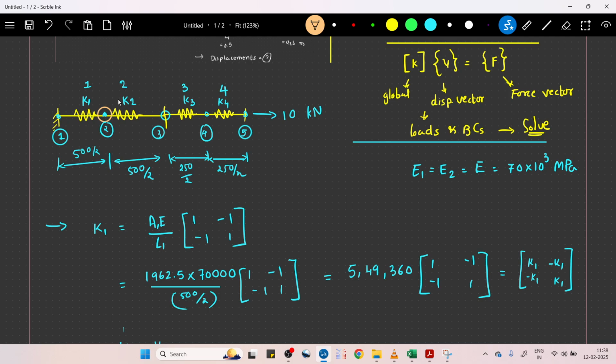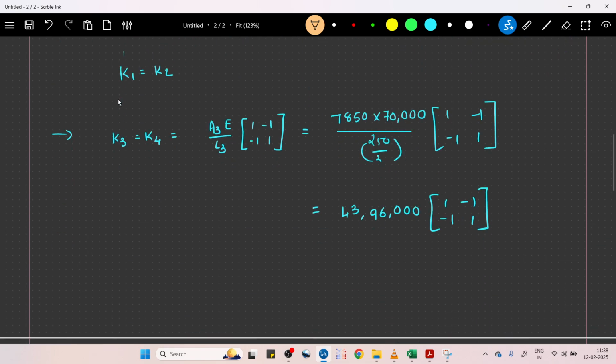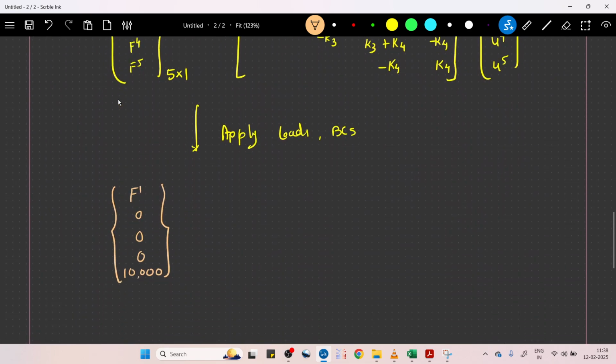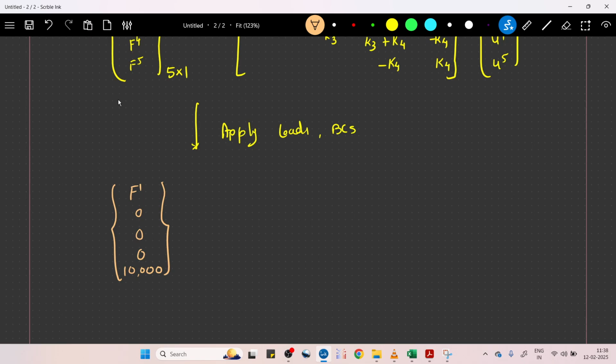But when we combine these two elements k1 and k2, both the forces will cancel each other because they are in opposite directions, so there is no external force at node 2. There can be an internal force, but that is not part of the discussion now. External force is 0. This also 0 and this also 0.